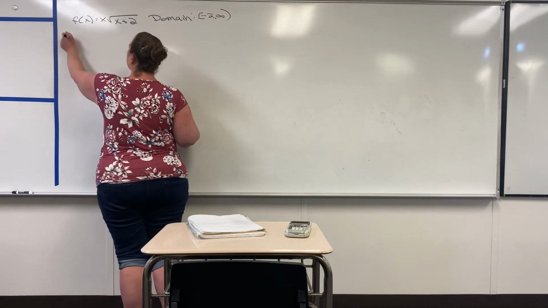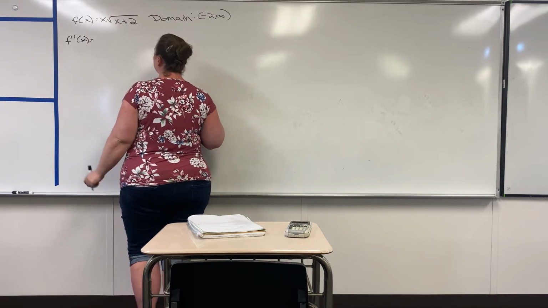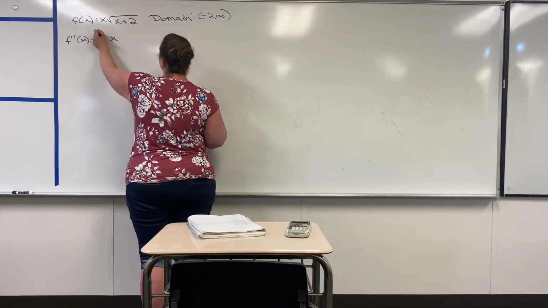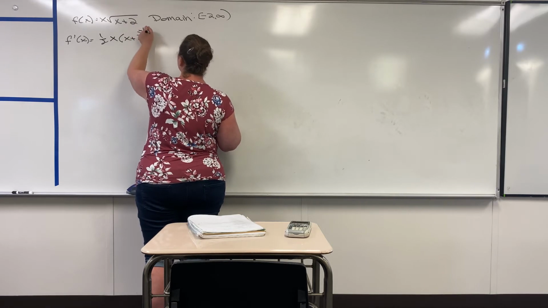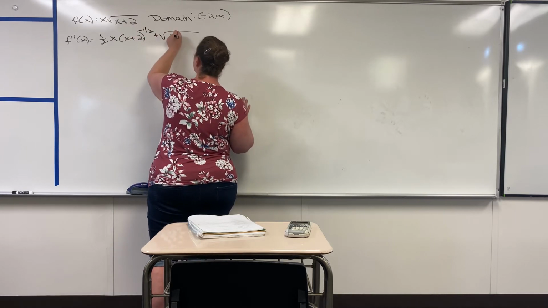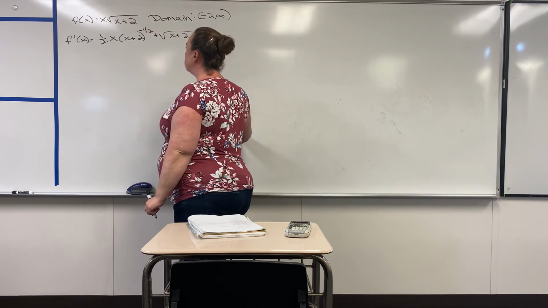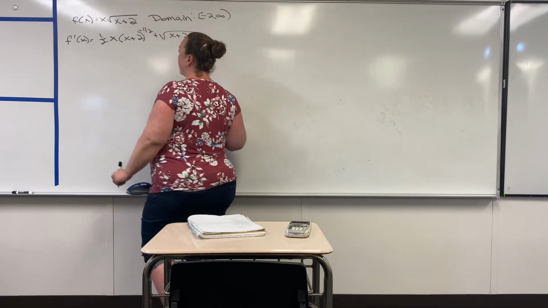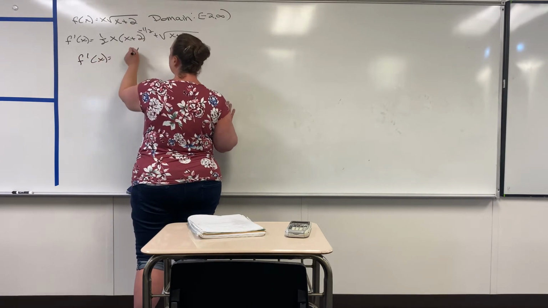So you got to find your second derivative. Here you have a product, so you have to do product rules. So you've got first derivative of second plus second derivative of first. Okay. I'm adjusting this a little bit. This is really x over 2 and the square root of x plus 2.